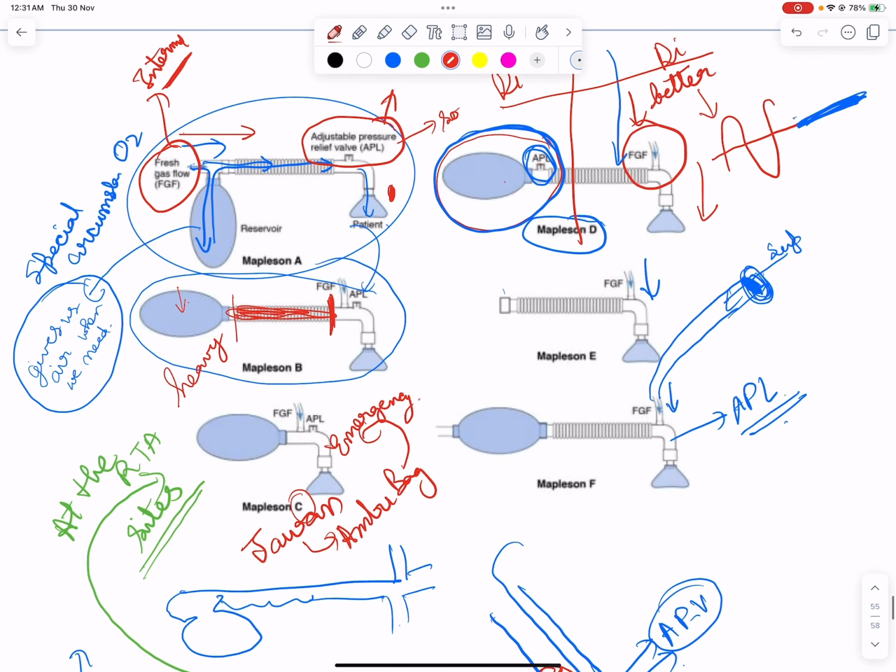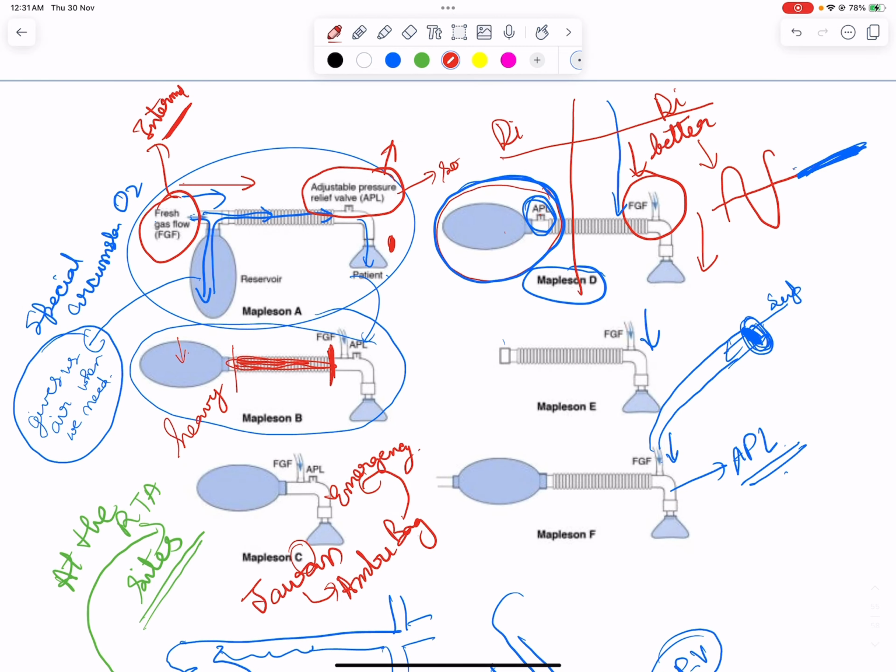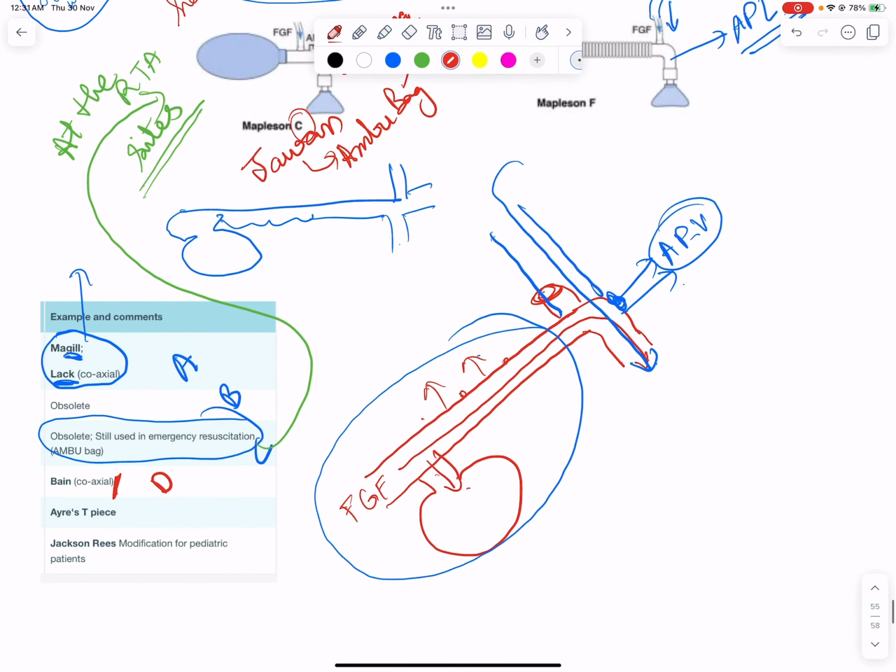So Bain circuit, it is also known as Bain circuit. So D is Bain. And Ayers and Jackson Rees is for E and F.